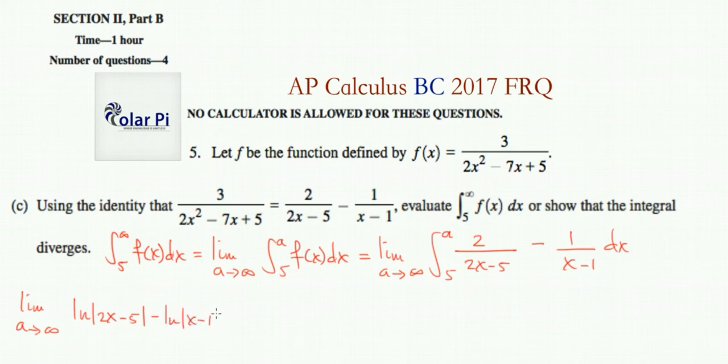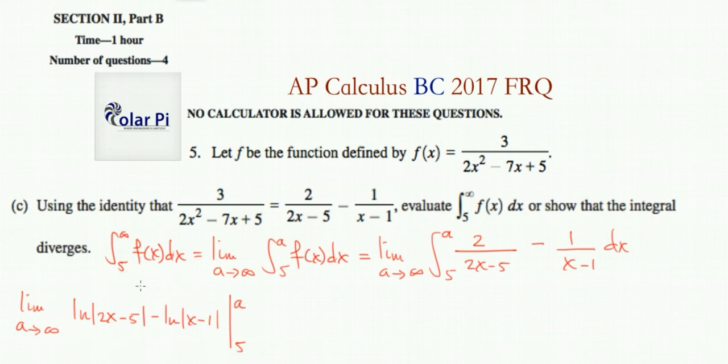And of course we need to evaluate both of these at a and then at 5 and take the difference before we evaluate the limit, right? So I'm having trouble writing a vertical bar. There it is. So at a and at 5, and then we'll take the limit as a goes to infinity, once we've evaluated these at a and 5 and taken the difference.